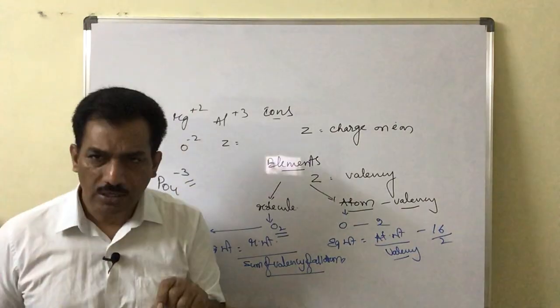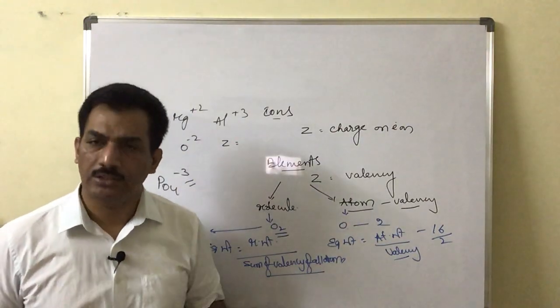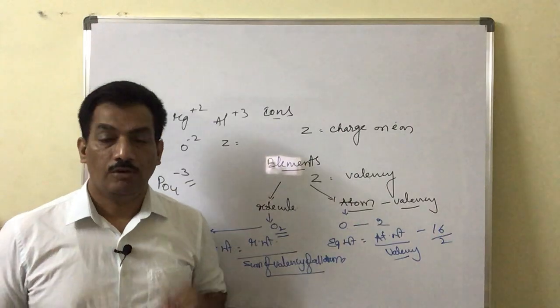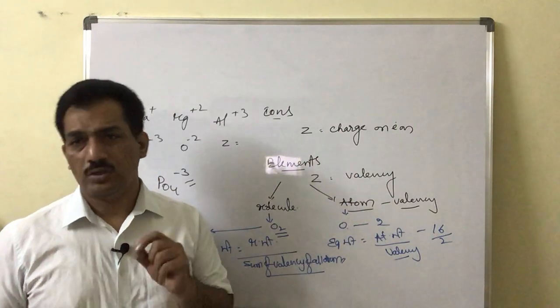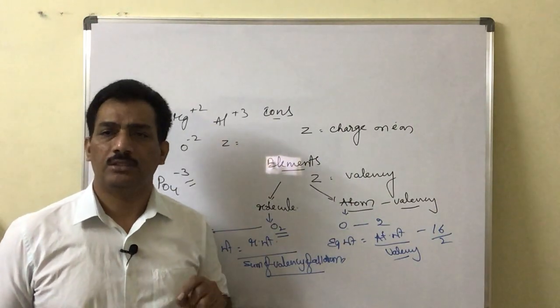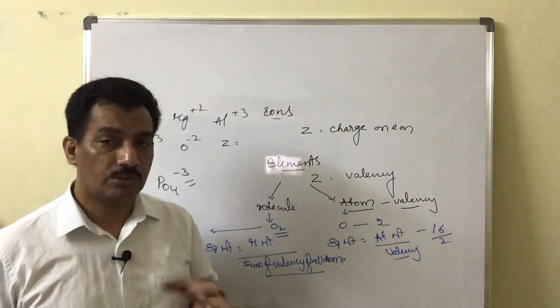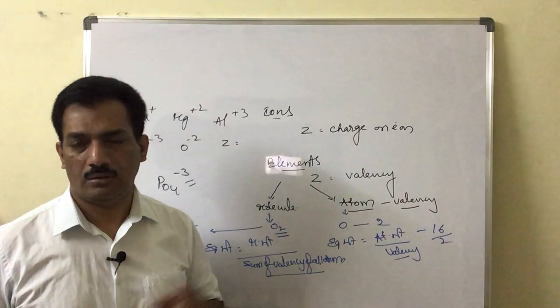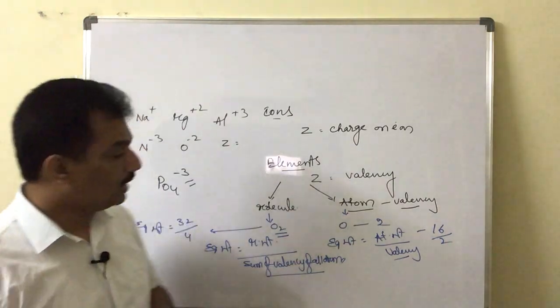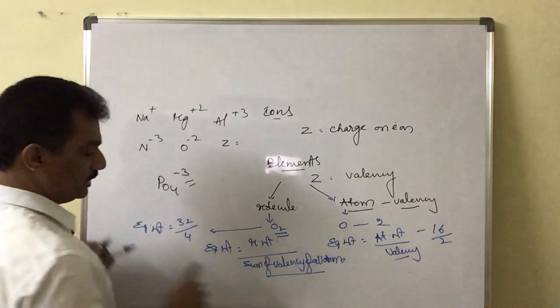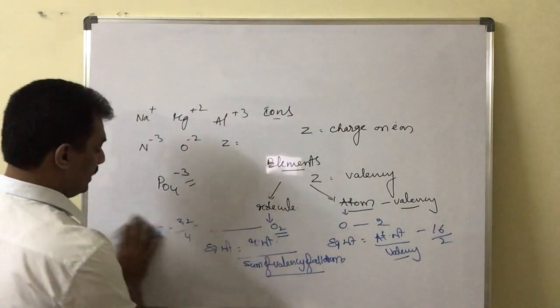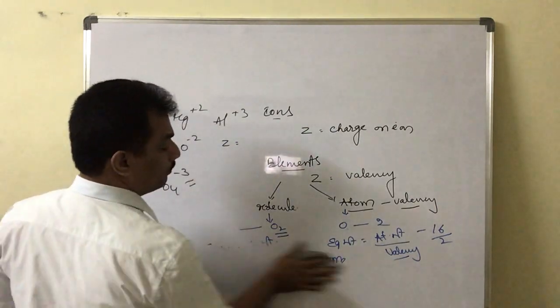If the atomic weight is given, go for the valency of that atom. If the molecule is given, then you can also calculate the equivalent weight: it is the molecular weight divided by the sum of the valency of all the atoms present in that molecule of the element. Clear?